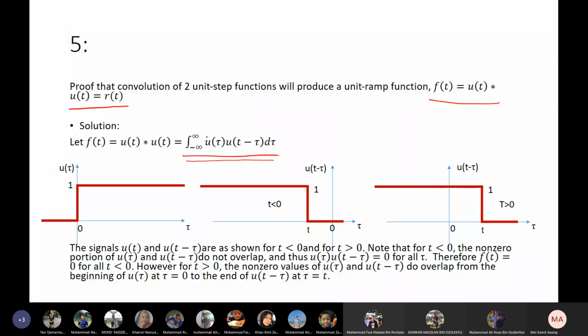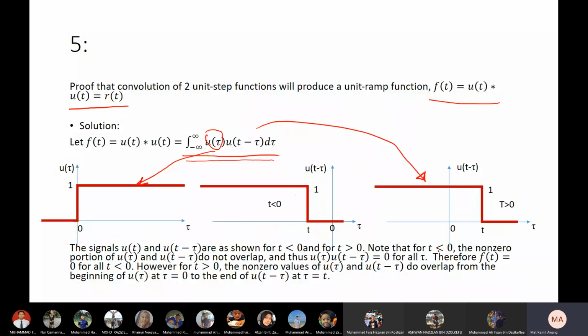So what is u of tau? U of tau is this shape. It's a step function. This is u of tau, and u of t minus tau is this. So the signals u of tau and u of t minus tau are shown like this for t less than 0 and for t greater than 0.